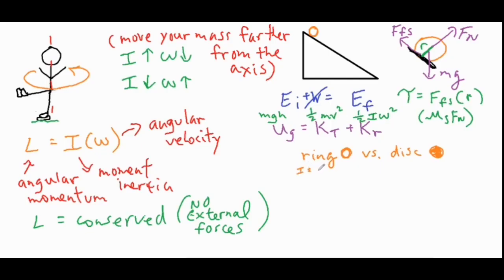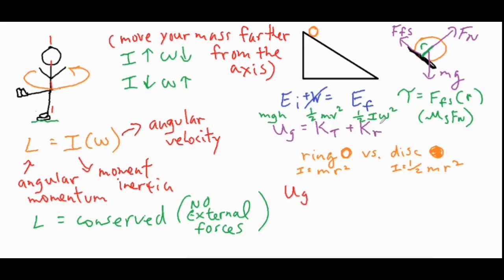The I formula for the ring would just be mass times radius squared. For the disk, it would be 1/2 times the mass times the radius squared. So the ring has a lot more rotational inertia. If you want to see which one would win the race down the ramp, assuming they're the same mass and same radius, all you'd have to do is analyze it like this.